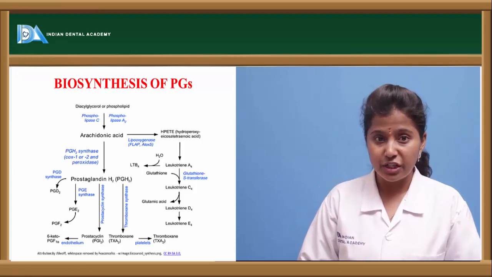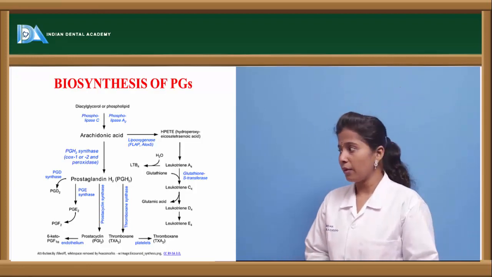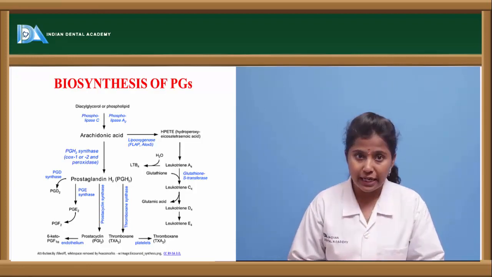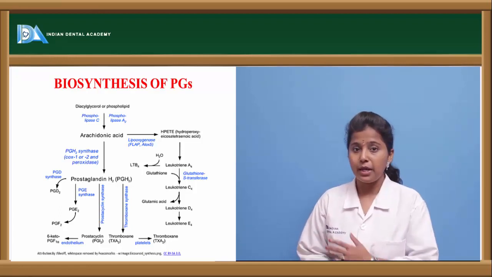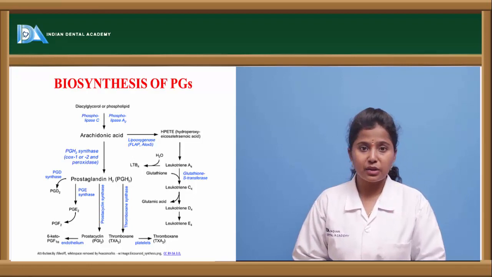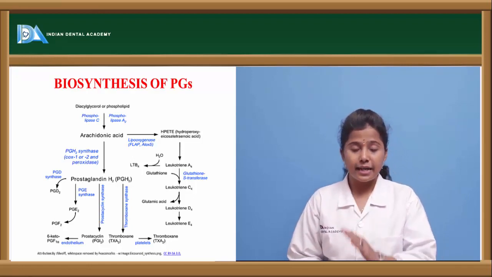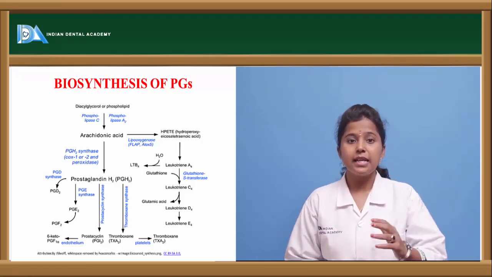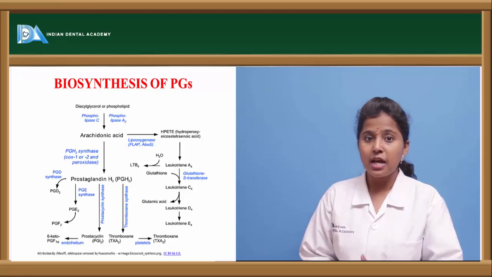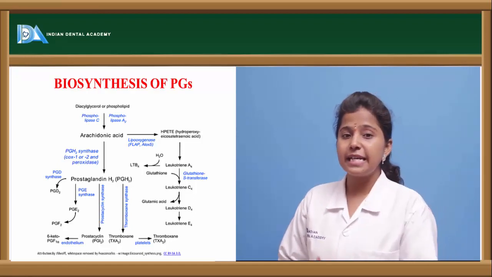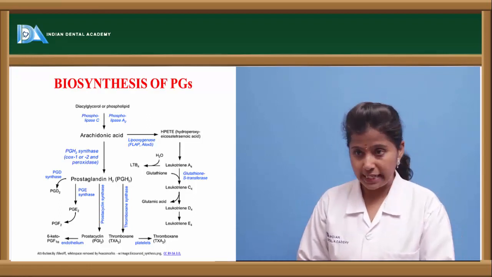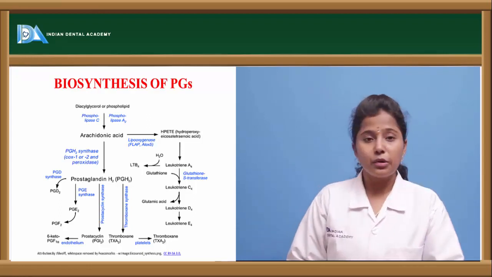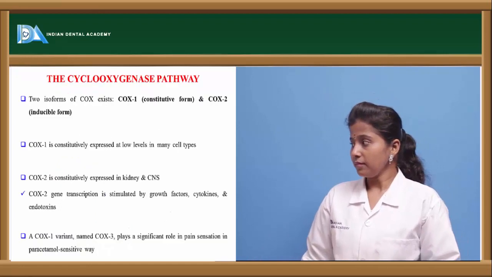From this PGE, PGF2 is formed, and from PGH2 directly prostacyclins and thromboxanes are formed. In the lipoxygenase pathway, first the lipoxygenase enzyme acts on arachidonic acid, forming HPETE, that is hydroperoxy eicosatetraenoic acid, from which the leukotrienes are formed.